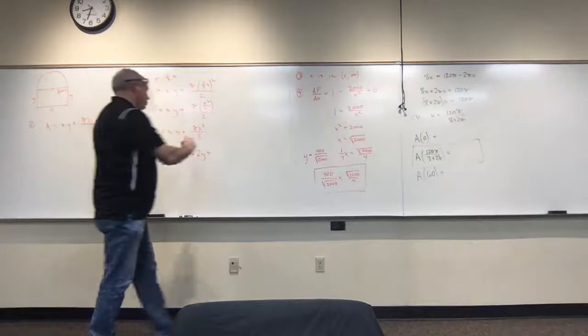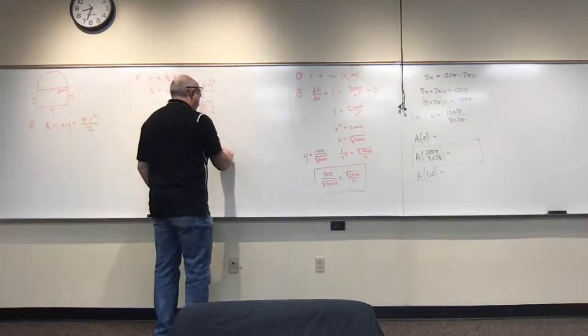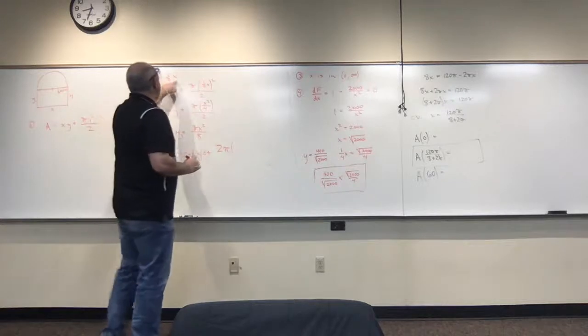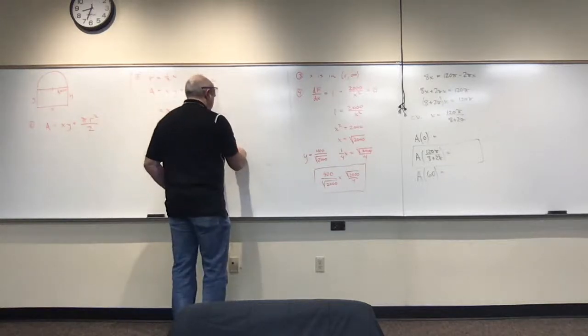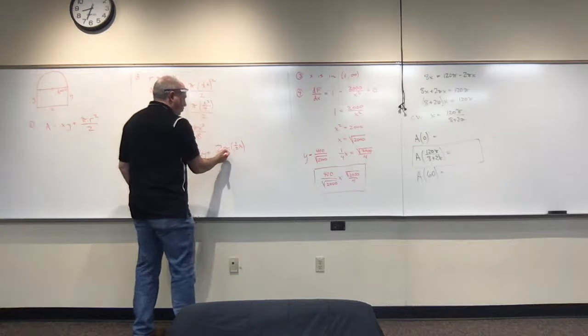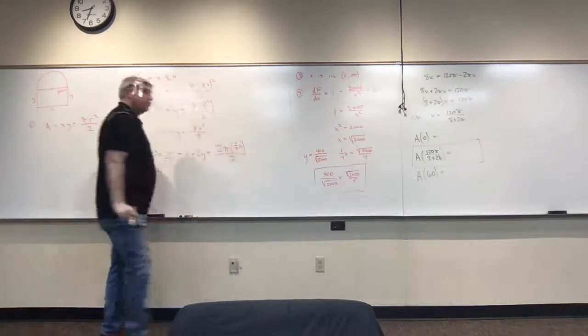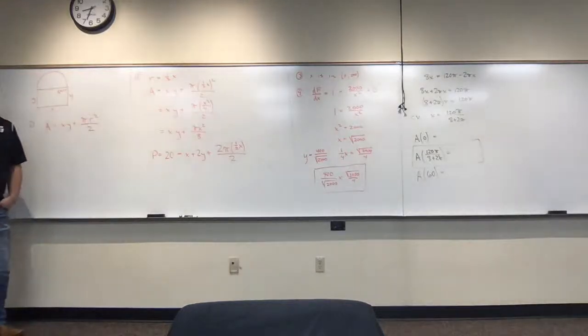So we need 2 pi r, but r is 1/2 of x. So this is 2 pi r, and then we need to divide that by 2 because it's only half of the circumference. That's my perimeter.